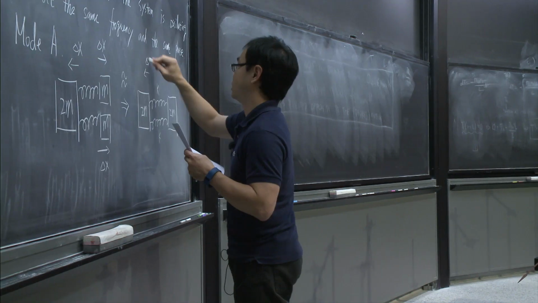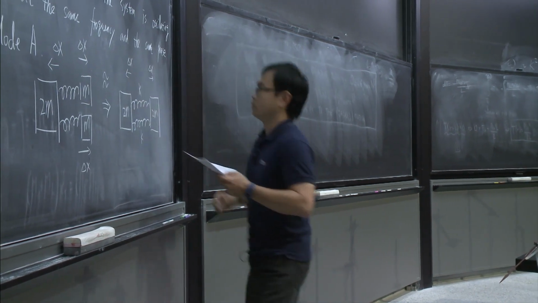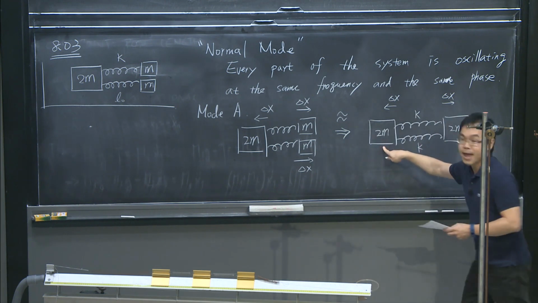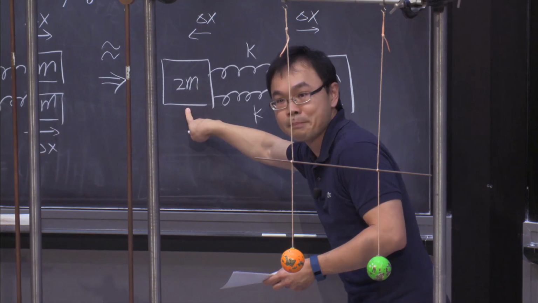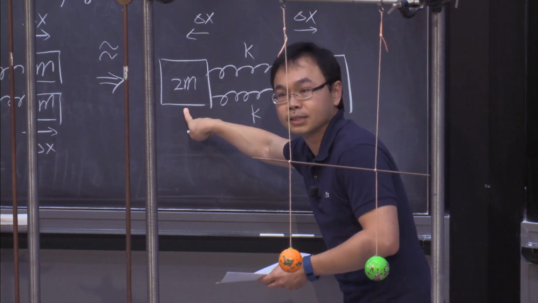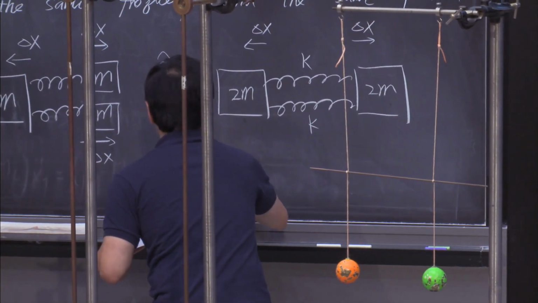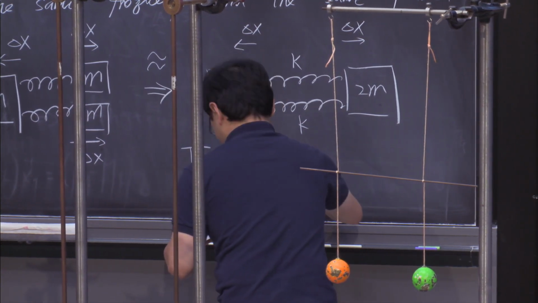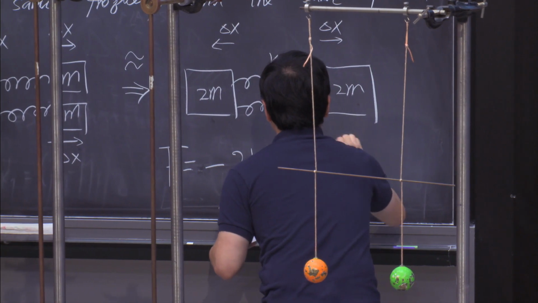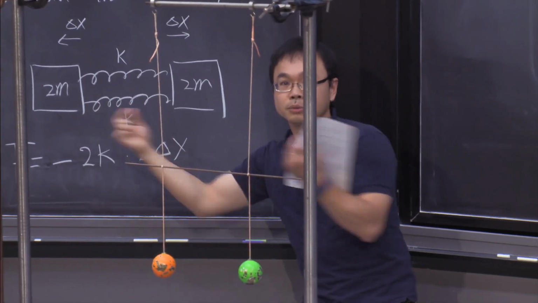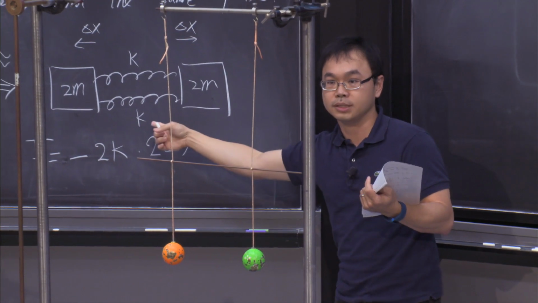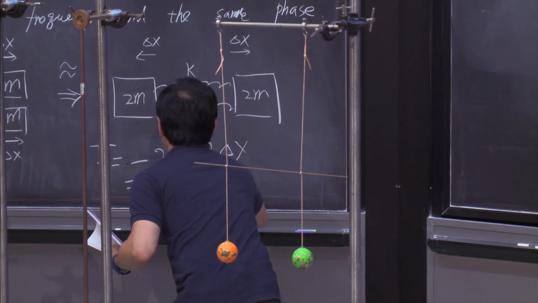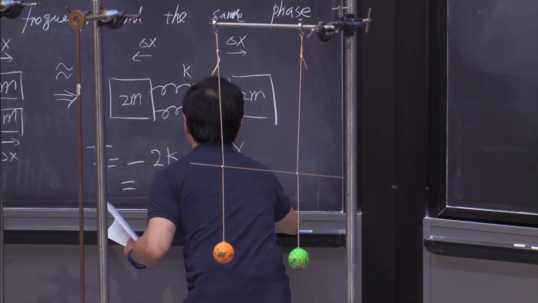And if we introduce a displacement of delta x, then if I take a look at the left-hand side mass and the force acting on it, the force will be equal to minus 2k times 2 delta x, right? Because that's the amount of stretch you introduce to this spring. That will give you minus 4k delta x.